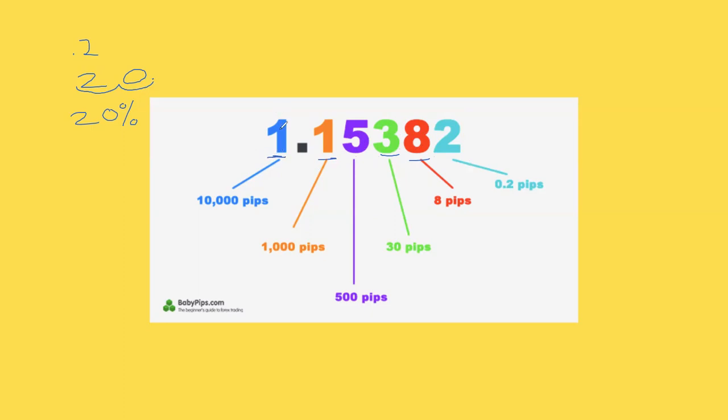So if this number goes from 1.1538 to 2.1538, tell me, somebody, how many pips did we grow? Type in the comment section, how many pips did we grow? Talk to me in the chat. How many pips did we grow?